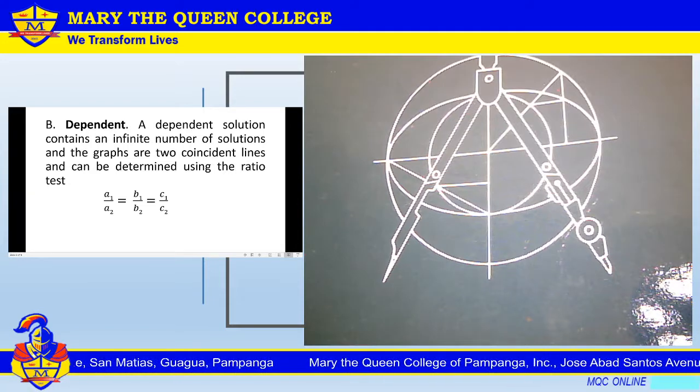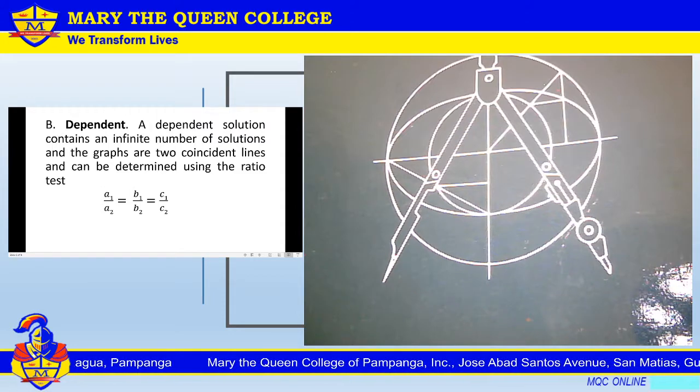The second type of system of linear equations is called the dependent system. A dependent system contains an infinite number of solutions, and the graphs are two coincident lines, and it can be determined using the ratio test: a sub 1 over a sub 2 equals b sub 1 over b sub 2 equals c sub 1 over c sub 2.